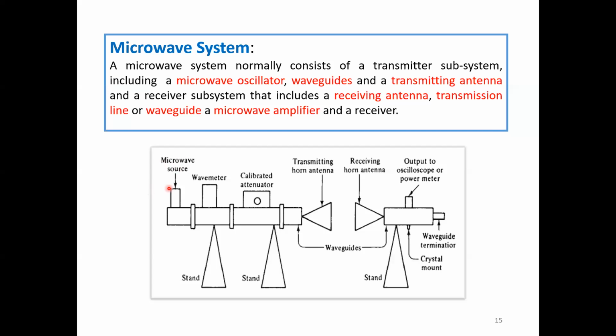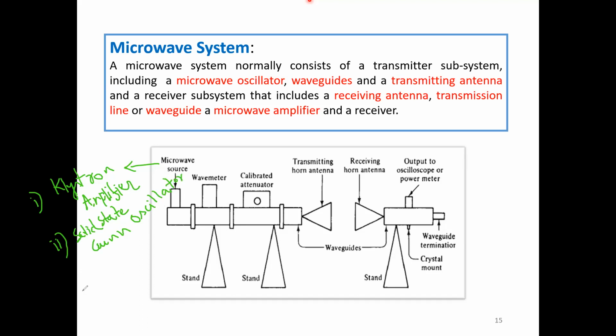As a microwave source, we use three kinds of sources: Klystron amplifier, solid state Gunn oscillator, and another one is magnetron.